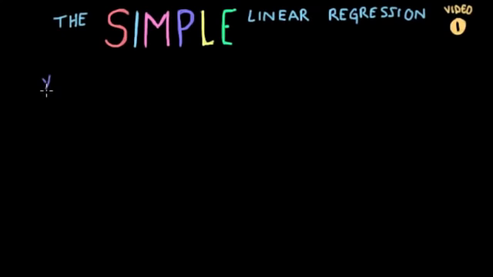So in the last video, we introduced this as our simple linear regression model. Y is equal to beta 0 plus beta 1 x plus u, and we can call this our population regression function, sometimes denoted as PRF.